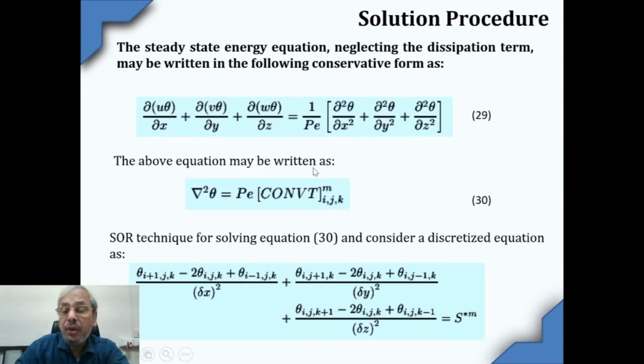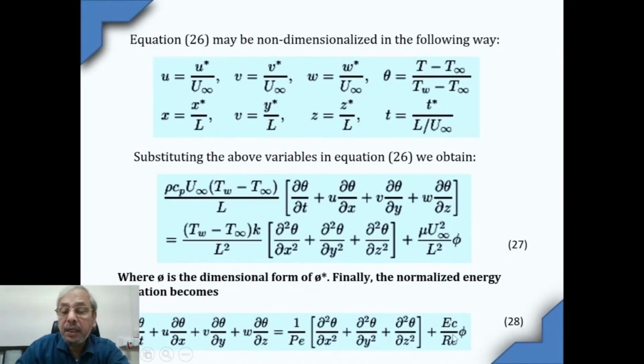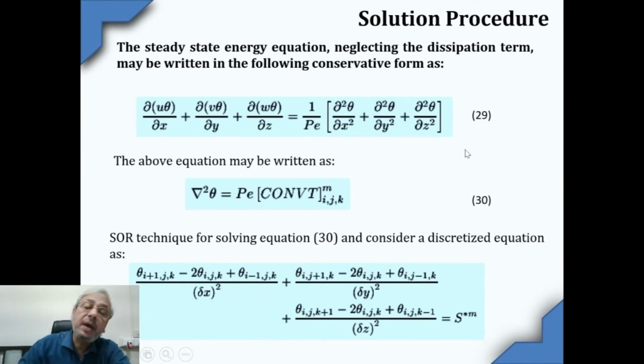So even though this multiplier, Eckart number by Reynolds number square into the viscous dissipation function, will have u, v and w, since u, v, w are known a priori, those can be evaluated, and that will be added as a source term.